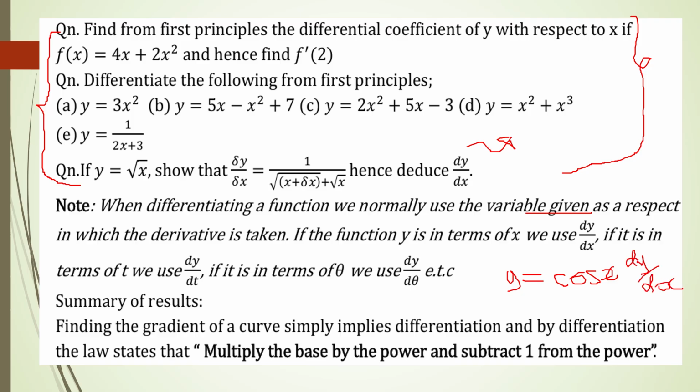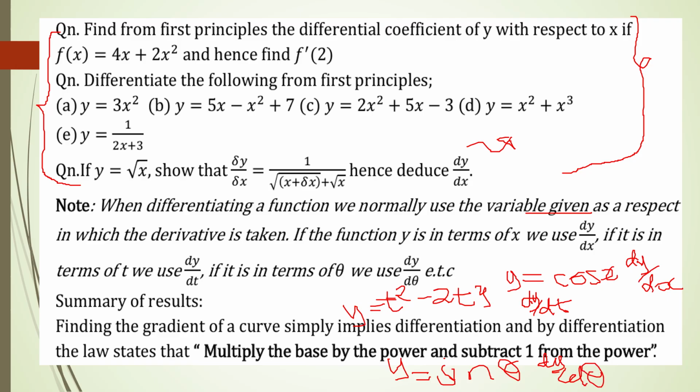And if we are differentiating y equal to t squared minus 2t, since our function is in terms of t, our derivative would be dy/dt, simply because our function is in terms of t. If we are differentiating y equals sine theta, our derivative would be dy/d theta, and that's what this note means.